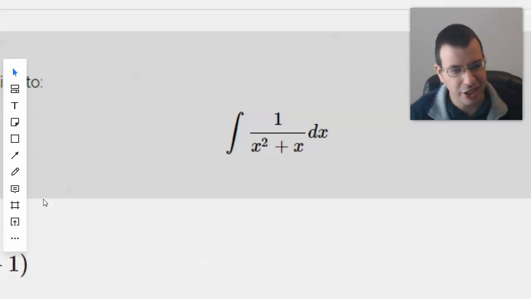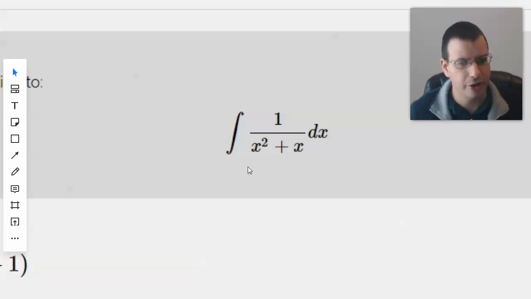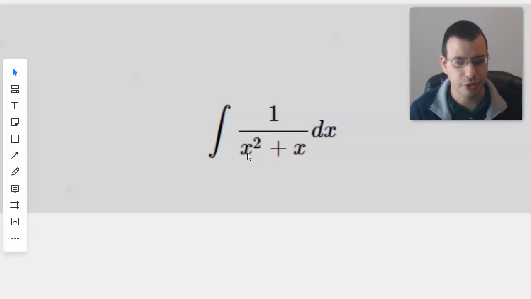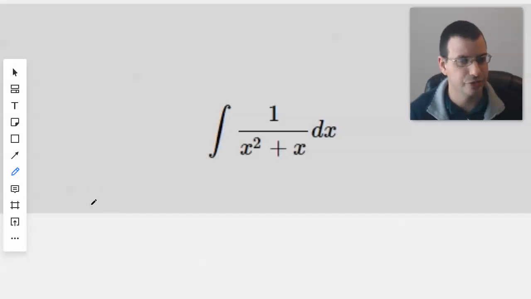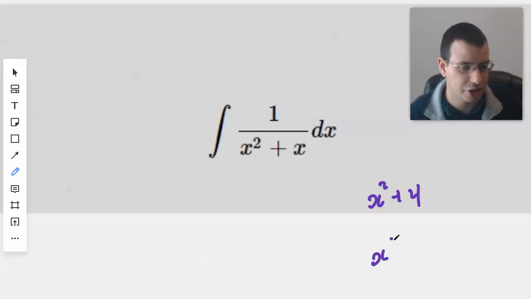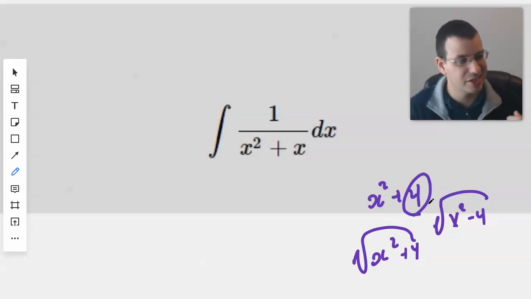You might think of a trig substitution because we have a square, but for that you want to see something like x squared plus 4, x squared plus 4 square rooted, or x squared minus 4 square rooted, where the 4 just represents a square.